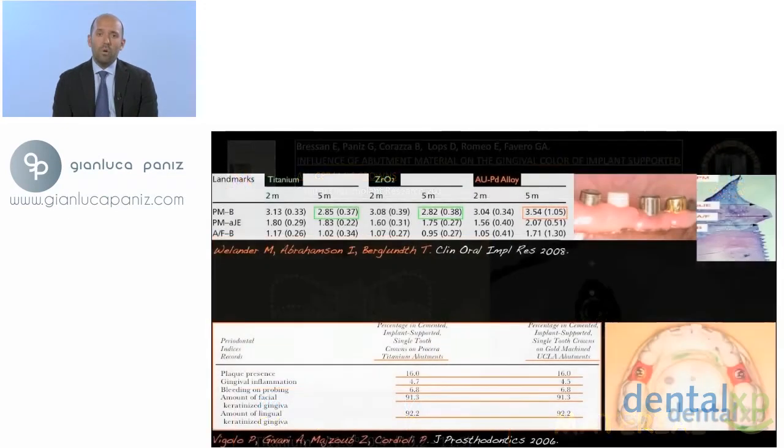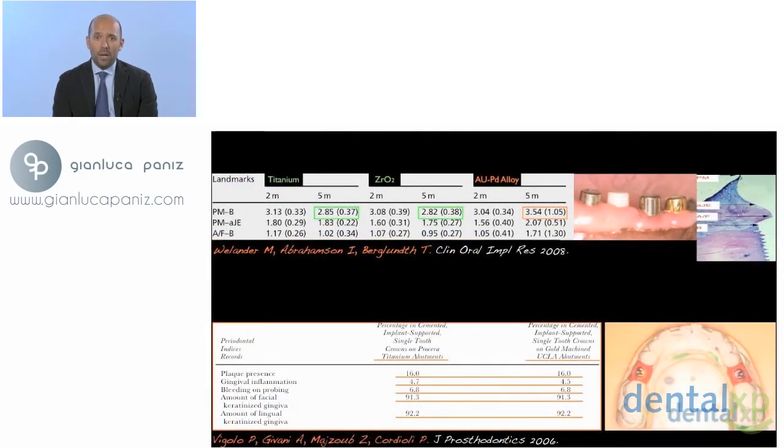If instead we want to look at the biological answer from the soft tissue, there are today different histological studies that are guiding us towards titanium and zirconium, because we have increased stability of the peri-implant soft tissue. But clinically, this nice paper from our friend Paolo Vicolo is telling us that there is not much clinical difference between gold and titanium.